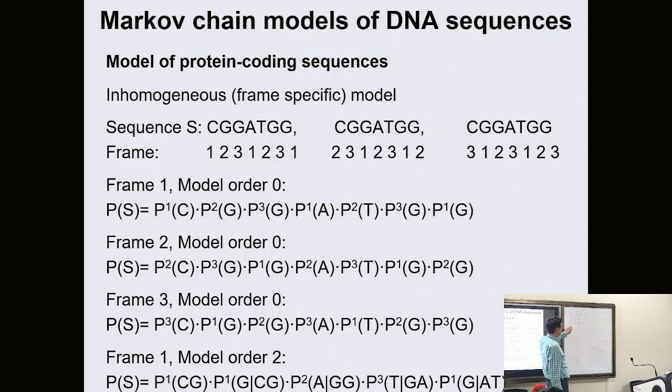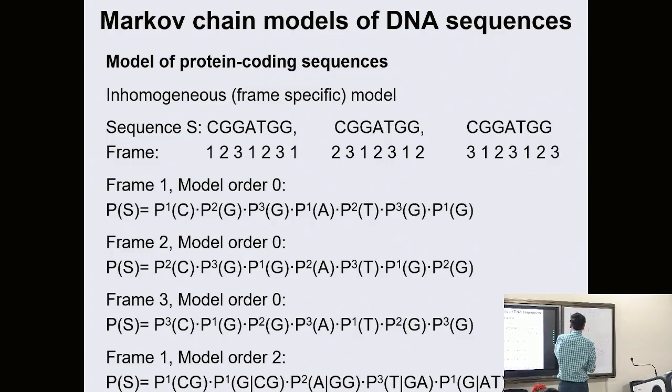So reference position is 1. The next one, moving by 1 nucleotide, is GGA, and this is 2, 3, 1, so the reference position for this is 2. The next oligonucleotide would be GAT, and then this would be 3, 1, 2, and so on.